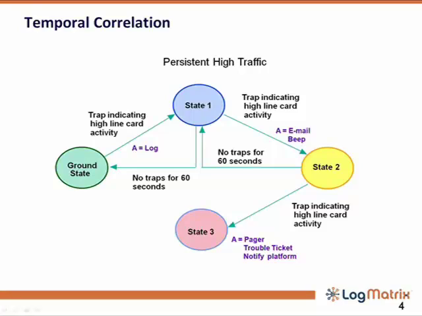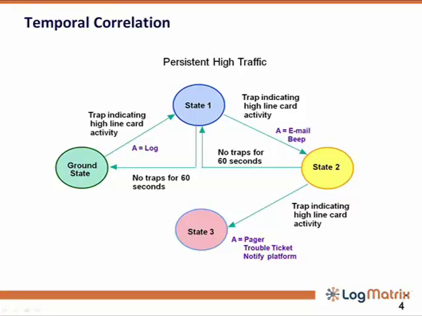I'd want to build 2 timers. 1, 2, actually 3. The first timer I would build on the transition from ground to state 1. The result of that timer would take me back to ground with no traps.